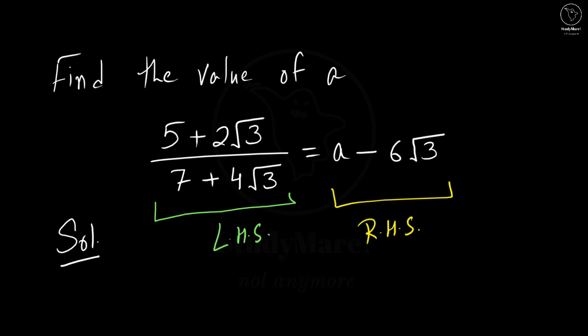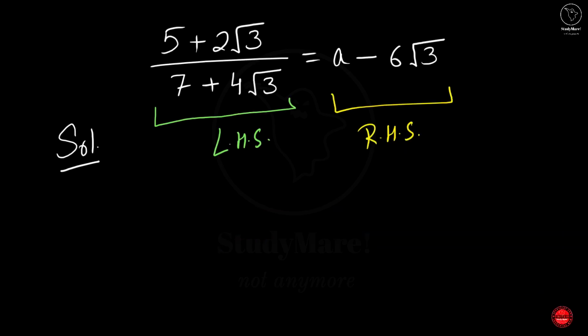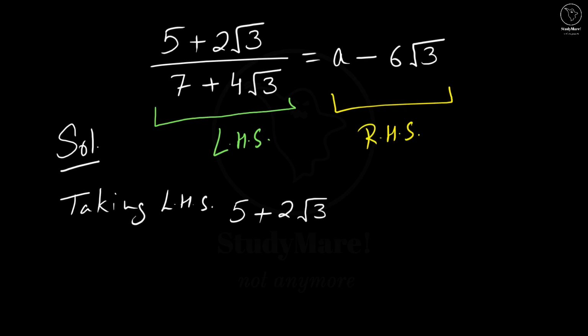So let us do it. The first step is to take the LHS. Taking LHS, we have 5 plus 2 root 3 divided by 7 plus 4 root 3. Now looking at the denominator, you can see we have a term with root 3, that is plus 4 root 3.